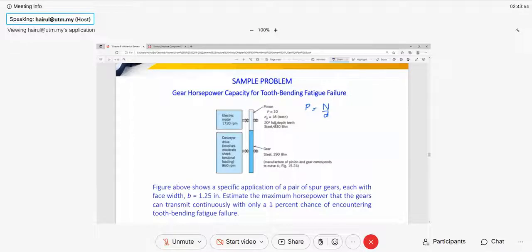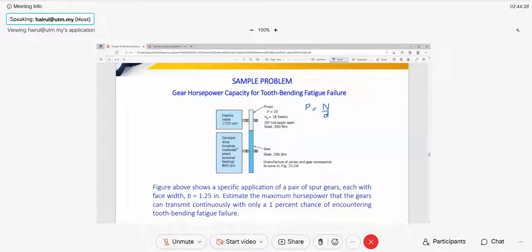Since we know the output speed, then we know the teeth of the bigger gear. This system will drive a conveyor. Shaft A is connected to the motor. Shaft B will drive the conveyor belt. A conveyor belt in industry is actually not smooth, because they are carrying material, material handling.